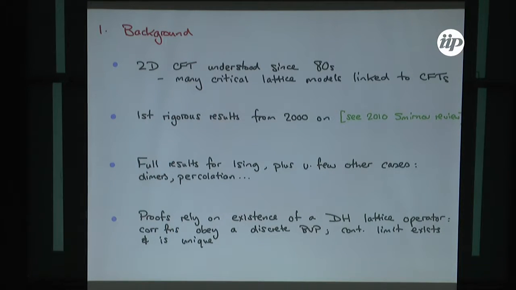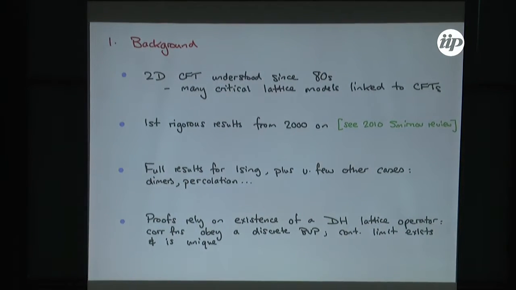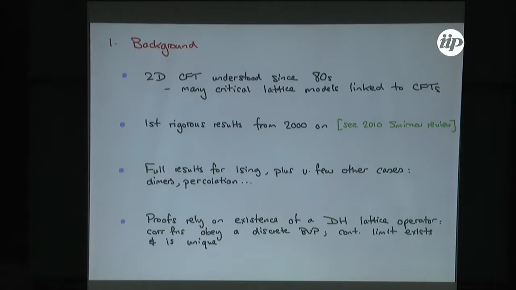Anyway, so what this program does is, first of all, it works in a very few cases. It looks at the Ising model and a very few other cases which can be related to it in various ways. And it gives a rigorous proof of the scaling limit to a conformal field theory, typically to a stochastic Loewner evolution problem.